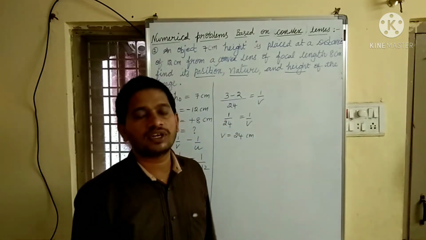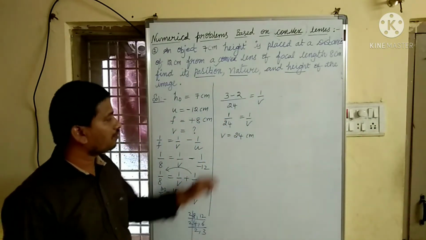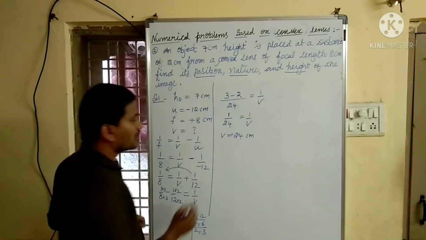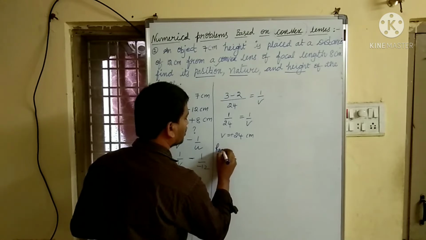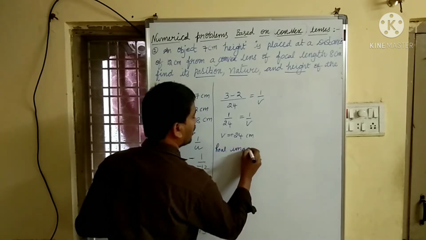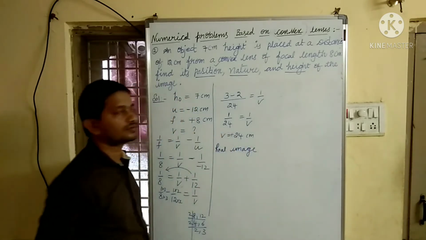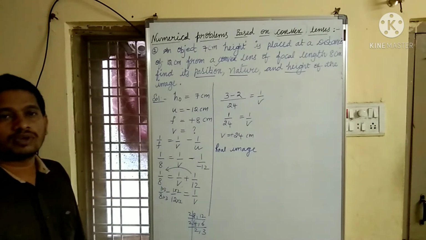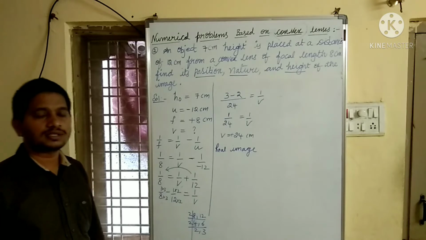So what is the nature of the image? The plus sign indicates we got plus 24, which means it is a real image. Nature is a real image. And coming to the height of the image, we have to find the height of the image.